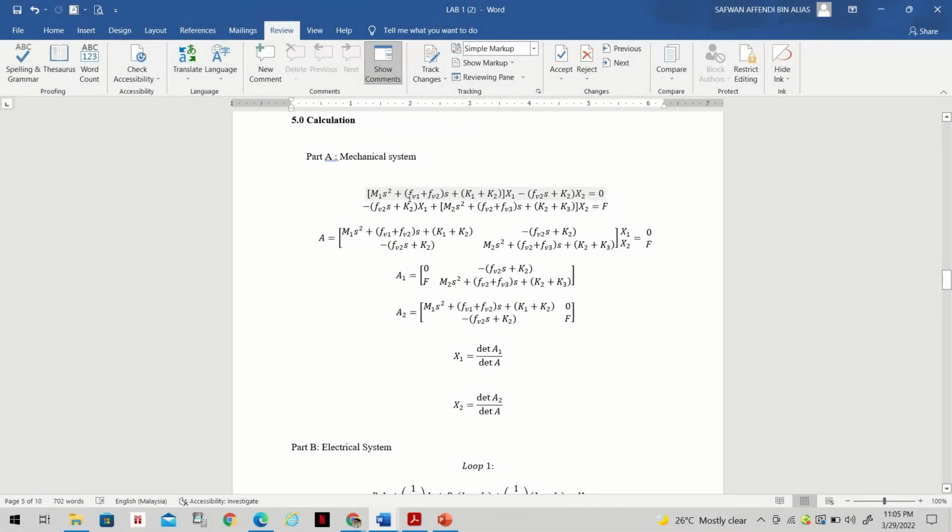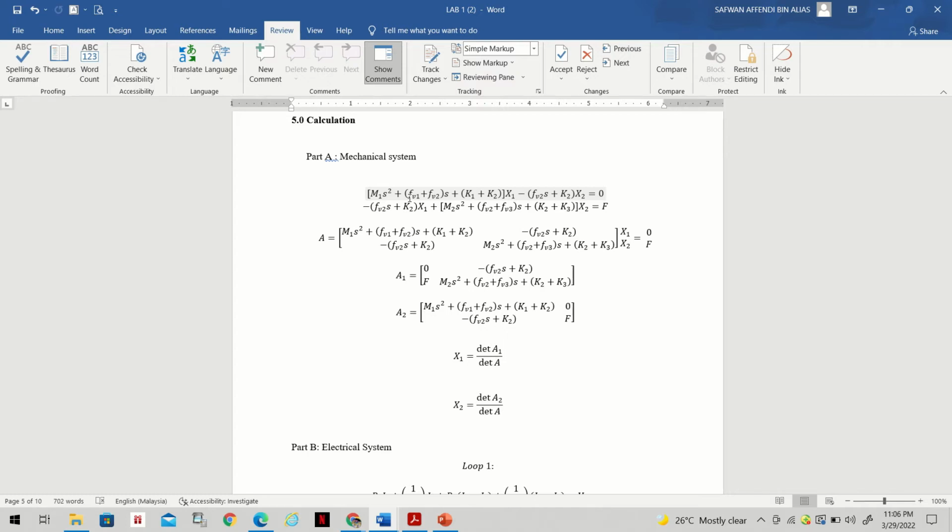In the calculation section, on the first part, which is the mechanical system, there are three variables applied in this equation, which are K for spring, M for mass, and F for friction. The first equation is for M1 equal to 0, and the second equation is equal to F for the output force.